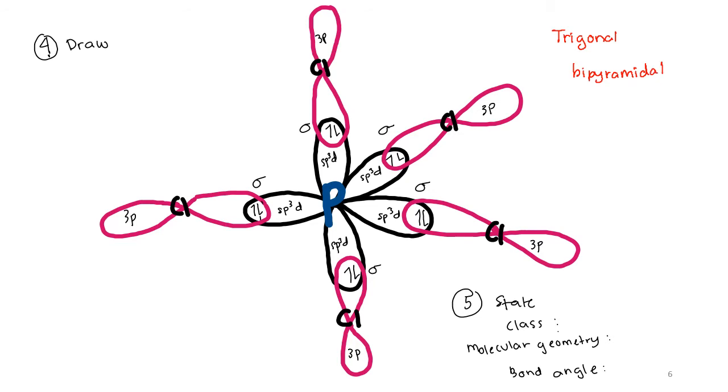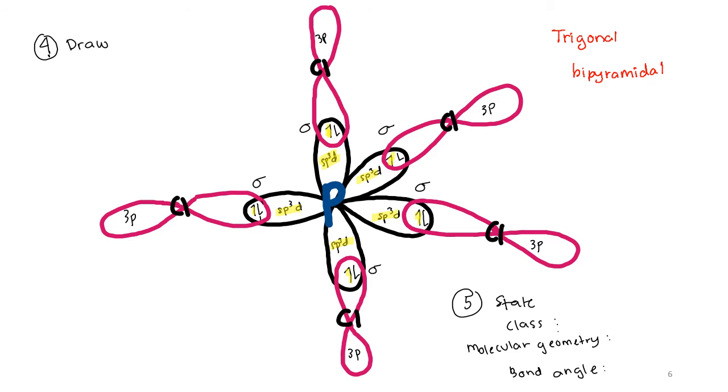Make sure you label the atom and each of the orbitals here. So for phosphorus, you have sp3d hybrid orbital, and each of them has one single electron.